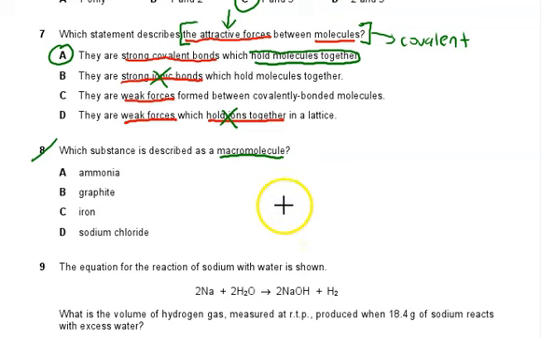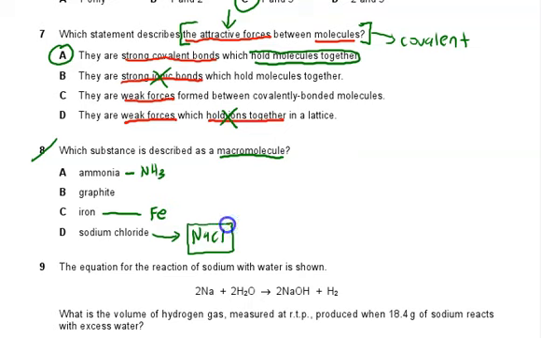Ammonia is a simple molecule, iron is an element, and sodium chloride is a salt, which is ionic.